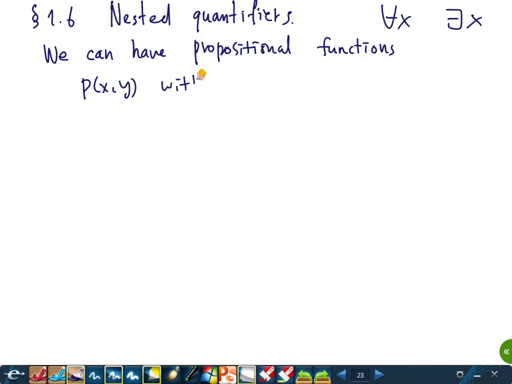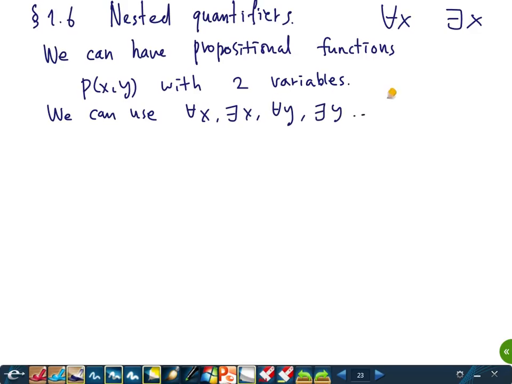You can have many variables, not just p of x. Then we can use these quantifiers, for all x, there exists y, together in one proposition.